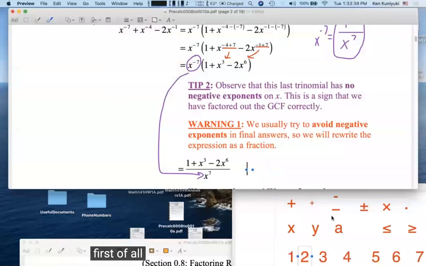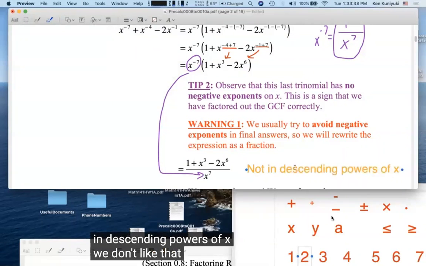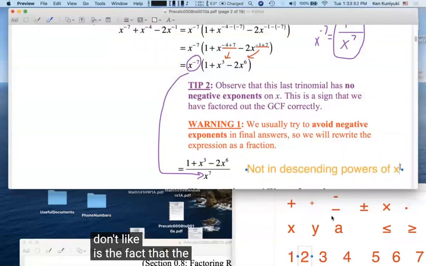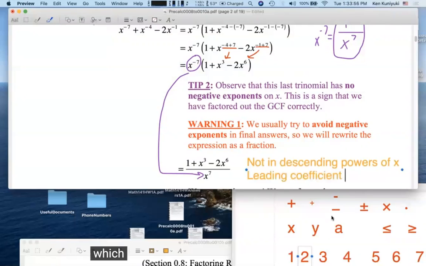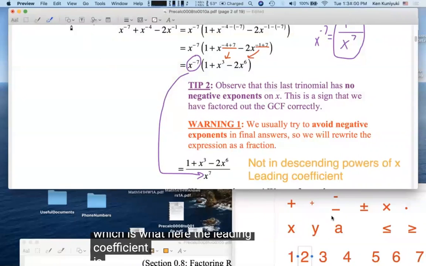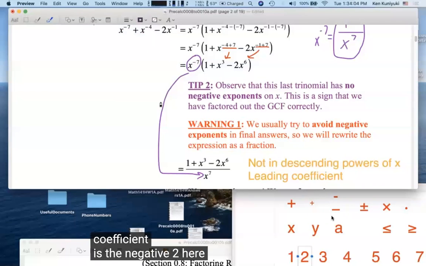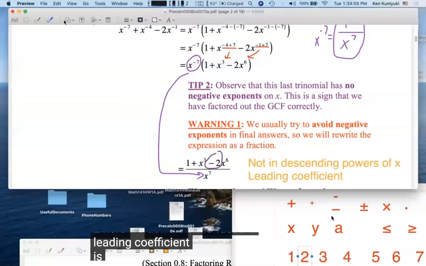First of all, it's not written in descending powers of x. We don't like that. A second thing we don't like is the fact that the leading coefficient, which is the -2 here, is negative.